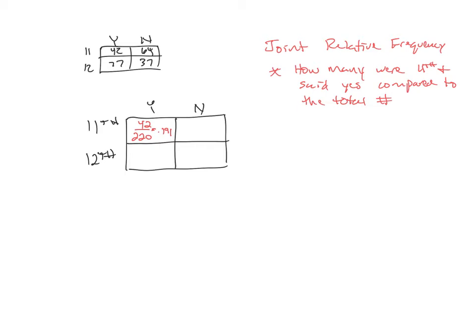Okay, so this one would be 64 out of 220, or 0.291. Okay, and then 77 out of 220, and 37 out of 220.